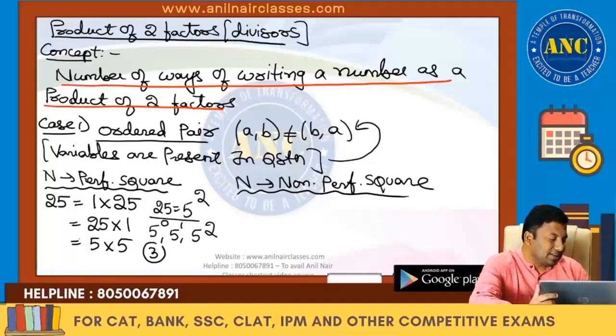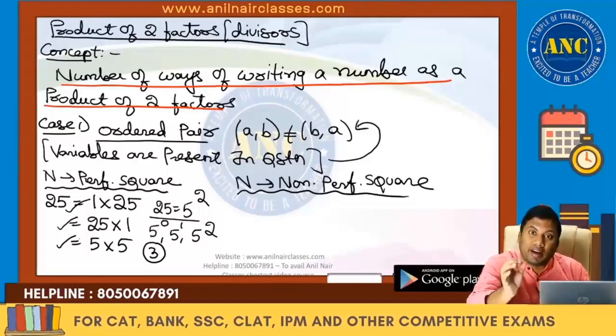Total 3 factors: 1, 5 and 25. How many ways did you get? One way, second way, third way. That means if n is a perfect square, the number of ways of writing a number as a product of two factors is equal to the number of factors.